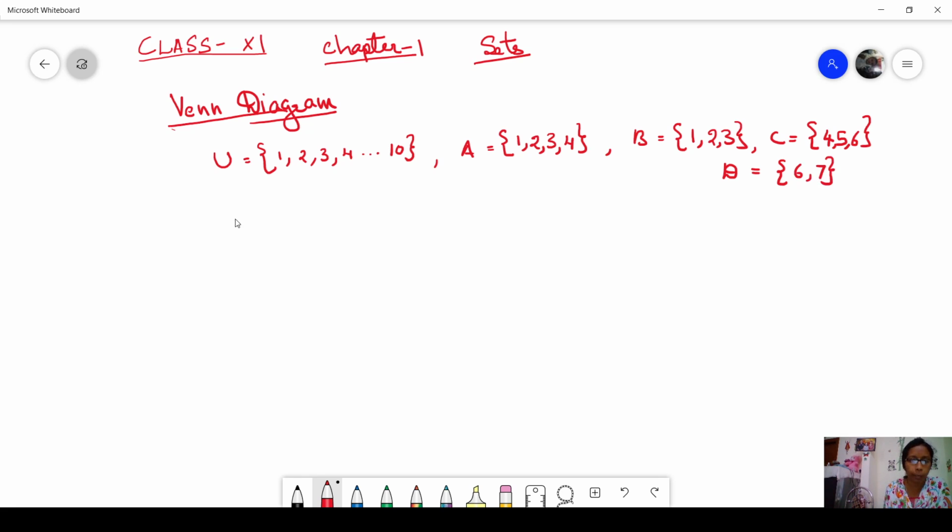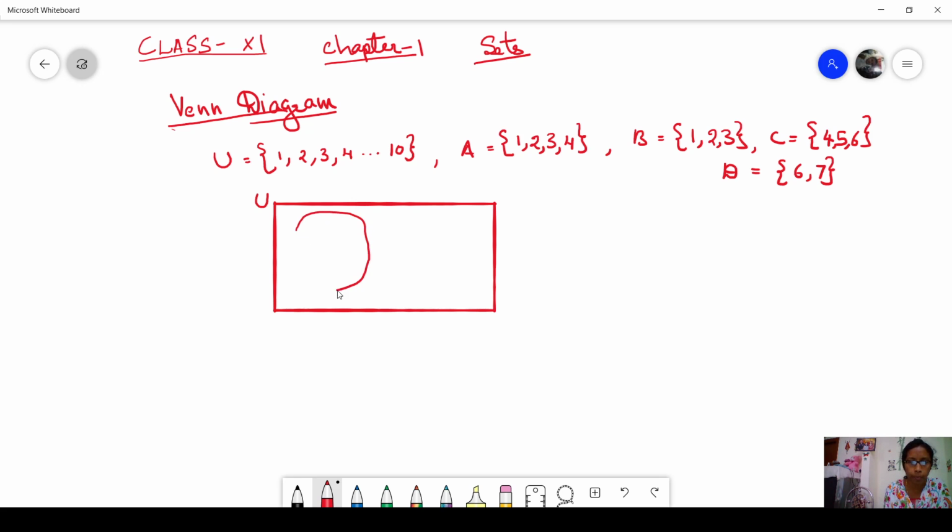Now how can we represent these sets using Venn diagram? Always we represent U, that is universal set, in a rectangle. This is represented as U. Now if I need to represent A in this universal set, as A is a proper subset of U, we can use a circle to represent a set.